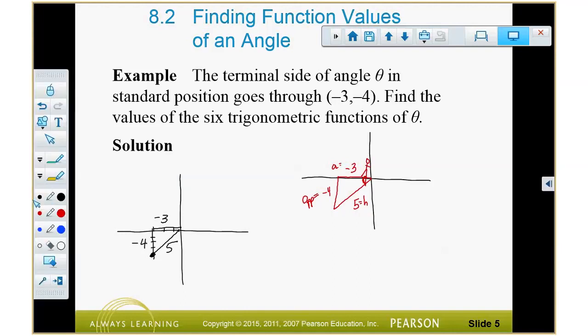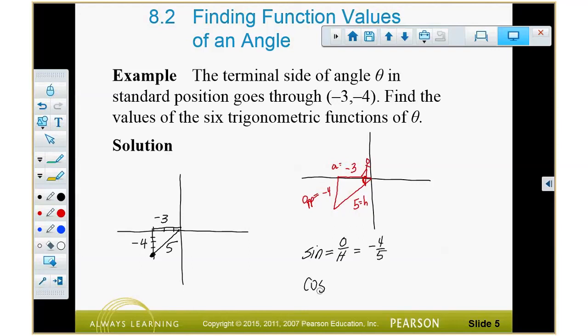So take your calculators out, and we'll go ahead and do the sine, cosine, and tangent. Sine is equal to opposite over hypotenuse, so that's going to be equal to what? -4 over what?